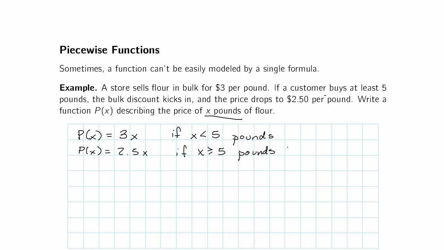Instead, let's think about how we can describe this. Certainly none of the functions that we know gives us a single formula that we can use to write this down. The best we can do is what's called a piecewise function.